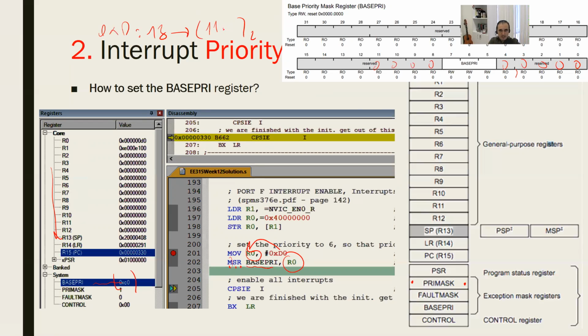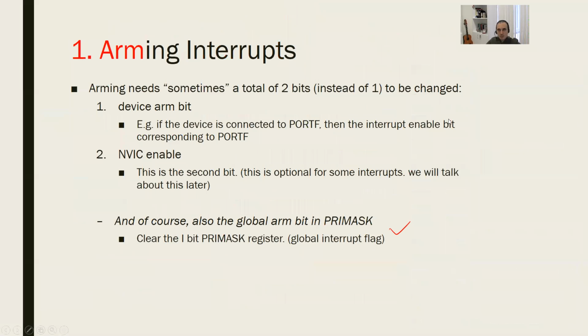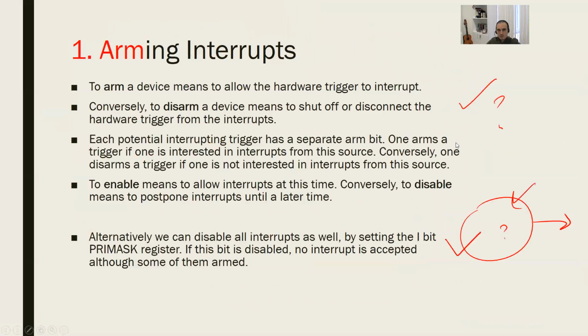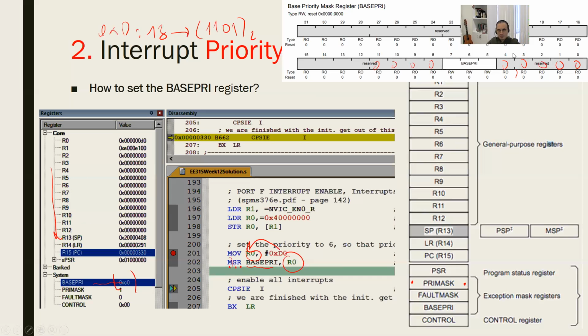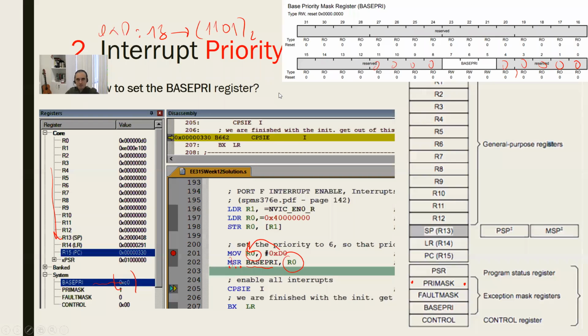So could it be 0, 1? Maybe. Okay. So what I'll be trying to write: I have this value in R0, right? And I'll be trying to write this value to here.